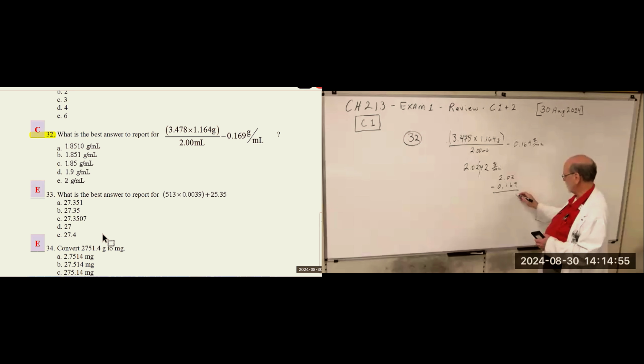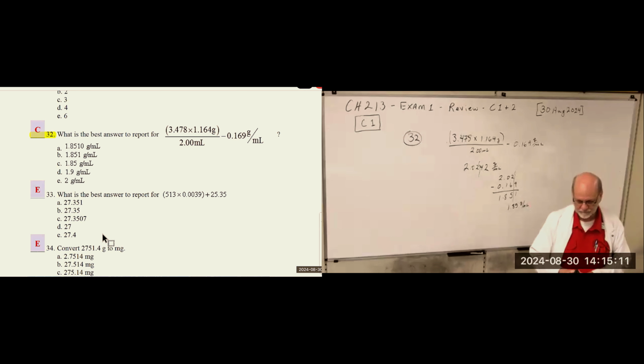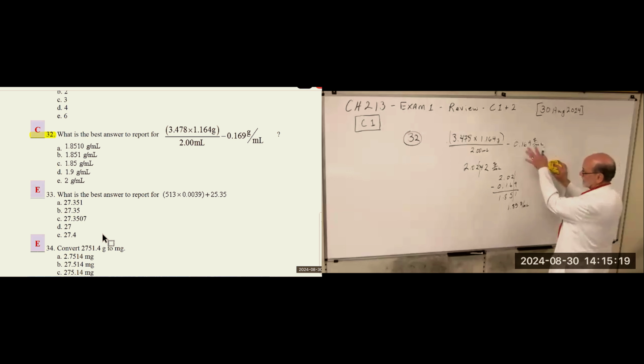So 9 from 0 is 1, 6 from 11 is 5, 1 from 9 is 8, and 1. And we're stuck with this one, like that. So we have 1.85 grams per milliliter. Okay. You have to do it that way when you got mixtures.